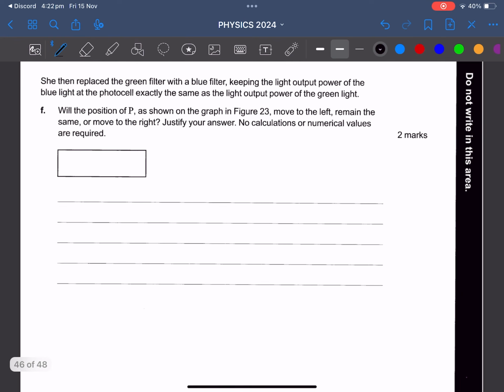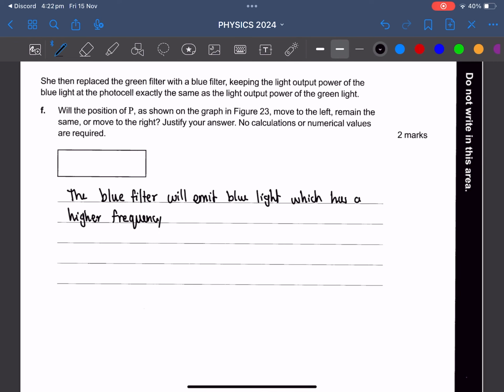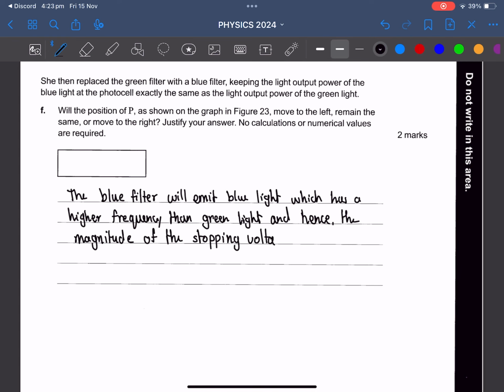So let me just write it down. The blue filter will emit blue light, which has a higher frequency than green light, and hence the magnitude of the stopping voltage will increase.